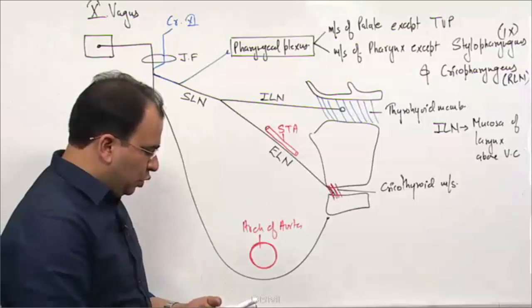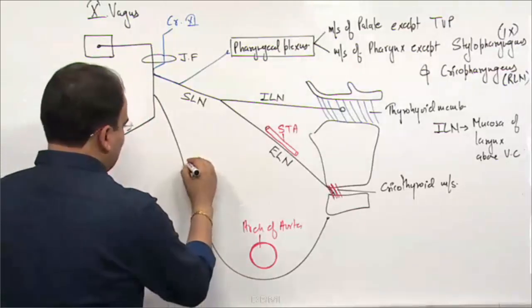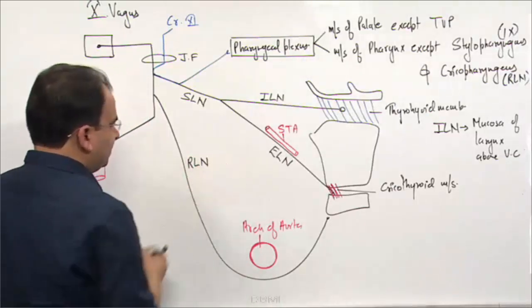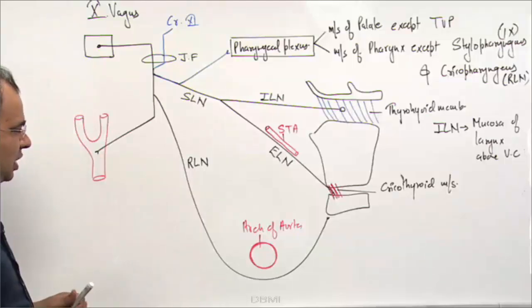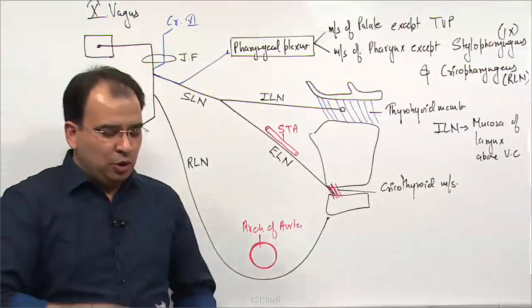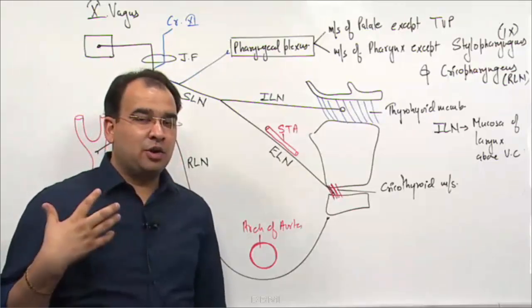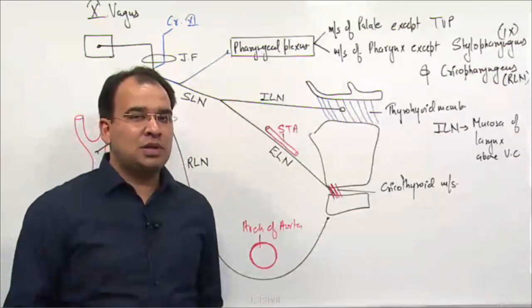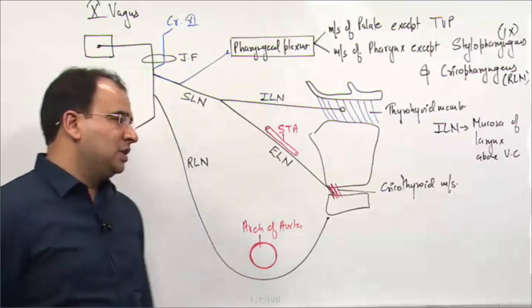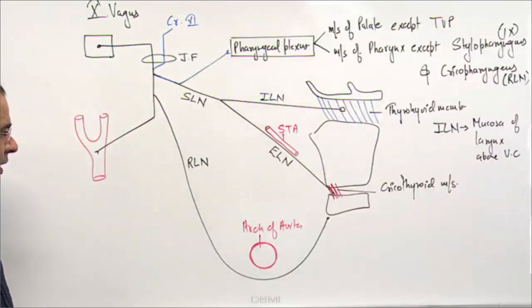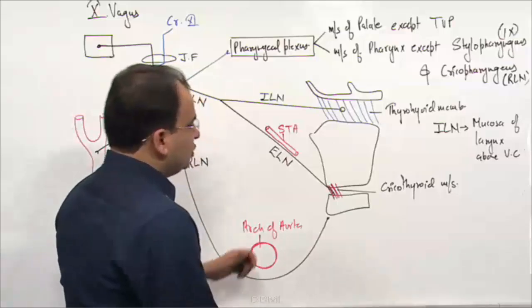This nerve which loops below the arch of aorta is called the recurrent laryngeal nerve. As I said, it loops below the arch of aorta on the left side and below the subclavian artery on the right side. And why this difference on the right and left side, we'll talk about in embryology. So what is this recurrent laryngeal nerve going to supply?